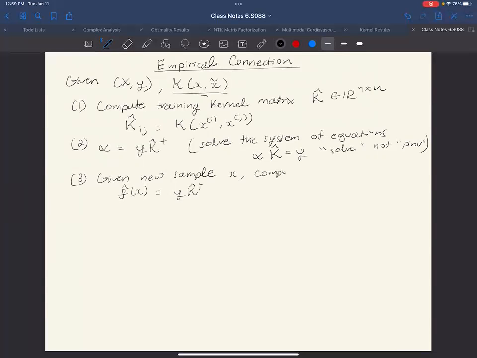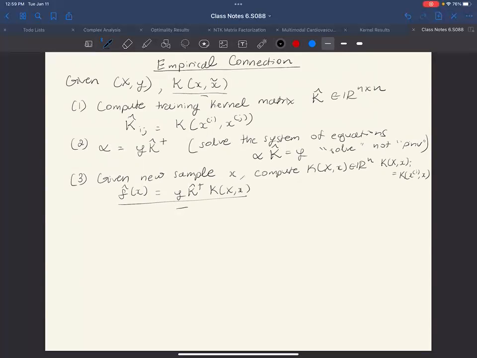So compute first k of x, and remember that this is an n-dimensional vector where the ith entry is just k of xi, x. And now you just plug that in here, and you are good to go. That is it. So you should effectively have 3 lines once you have the kernel function.